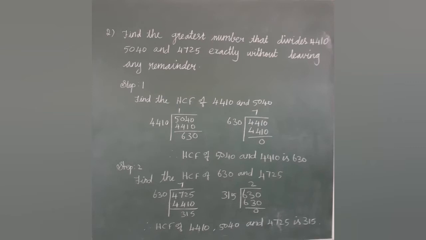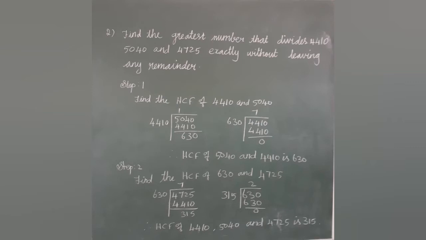Okay. Now second question, find the greatest number that divides 4410, 5040 and 4725 exactly without leaving any remainder. Now we can find the HCF of the first two numbers, using the long division method, otherwise we can use the prime factorization method also. Any one method we can use. What's the HCF of 5040 and 4410? 630. Okay.